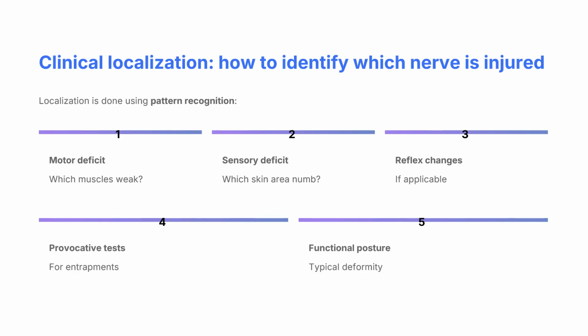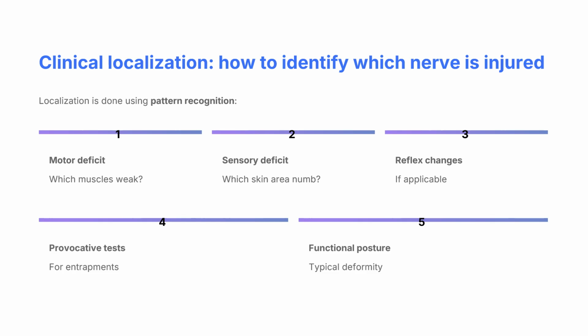Provocative tests are to be performed, and typical deformities are observed. This allows a diagnosis without investigations, that means imaging or something. So, if you know the anatomy, the hand will tell us the story. Like claw hand.